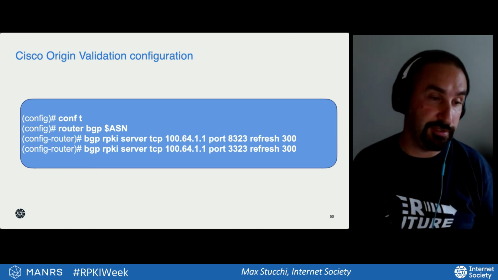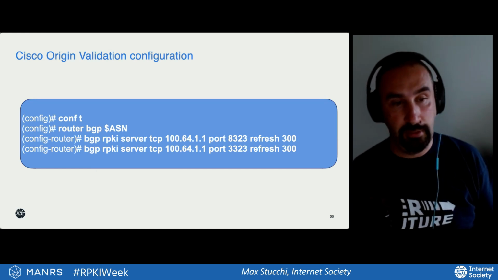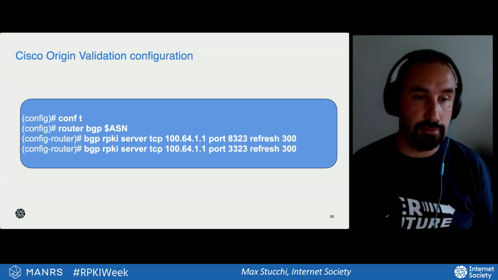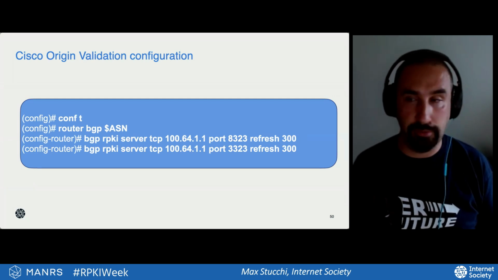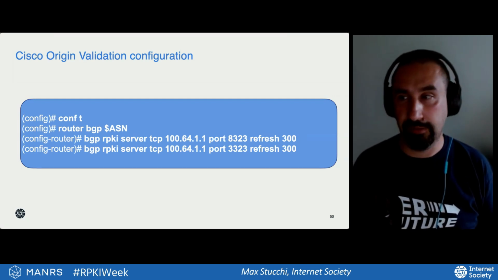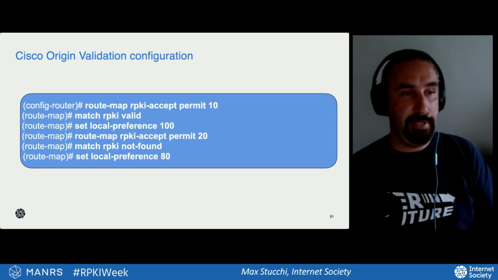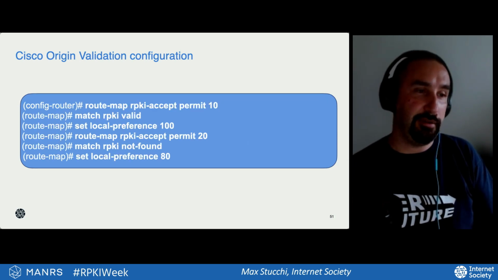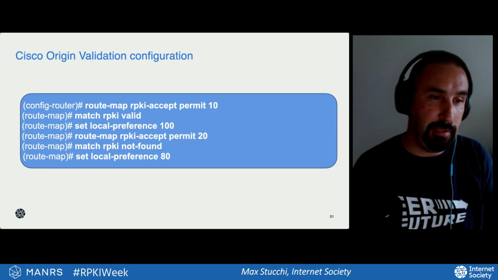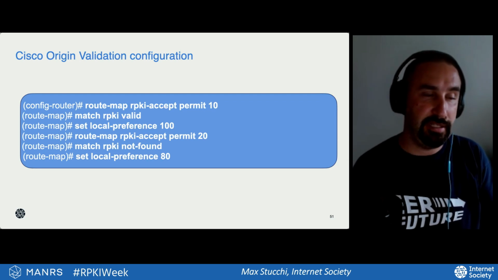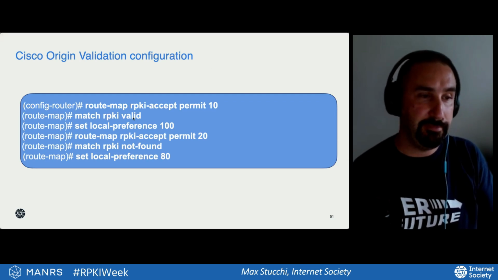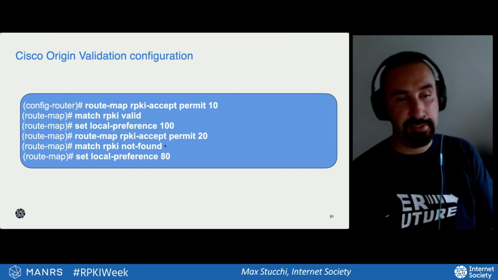And the suggestion is always to have at least two on different hosts. Don't do like I did in this example, where they're both on the same host operating on different ports. Then the suggestion is to create a route map with entries that match RPKI valid, the valid state, and not found.